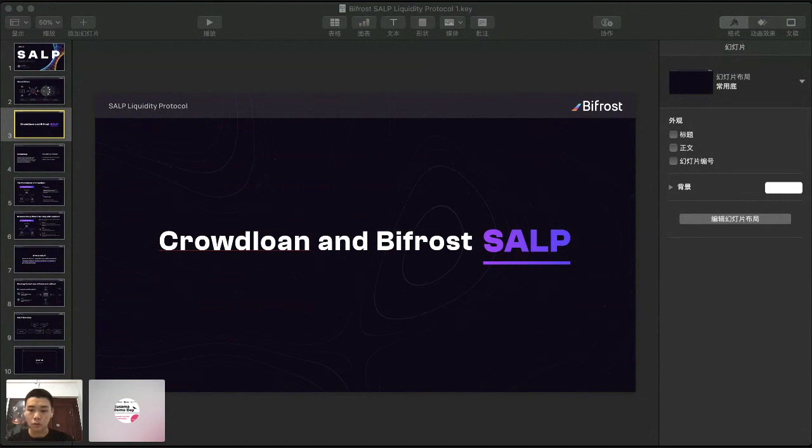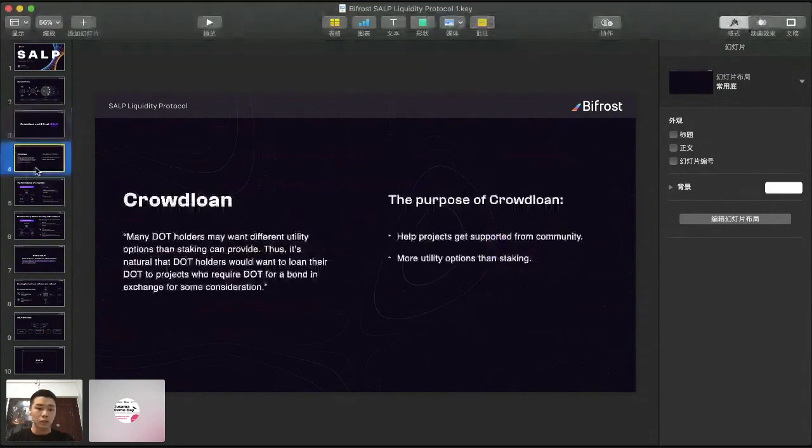Crowdloan is actually a very smart design, and Bifrost expects that, as the Crowdloan description says, many DOT holders may want different utility options than staking can provide. So it's natural that DOT holders will want to loan their DOT to projects who require DOT for a bond in exchange for some consideration.